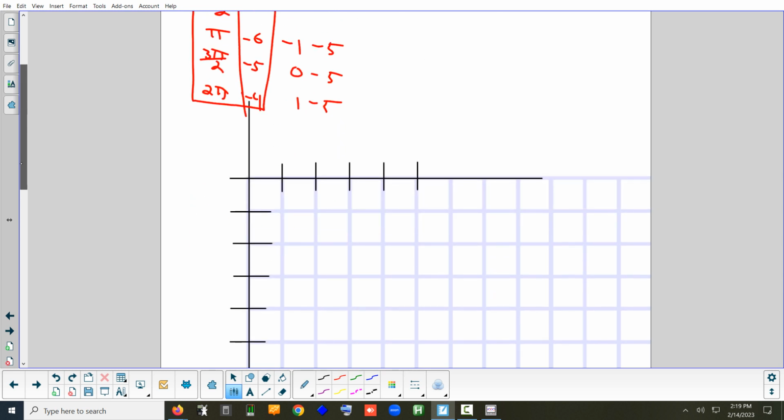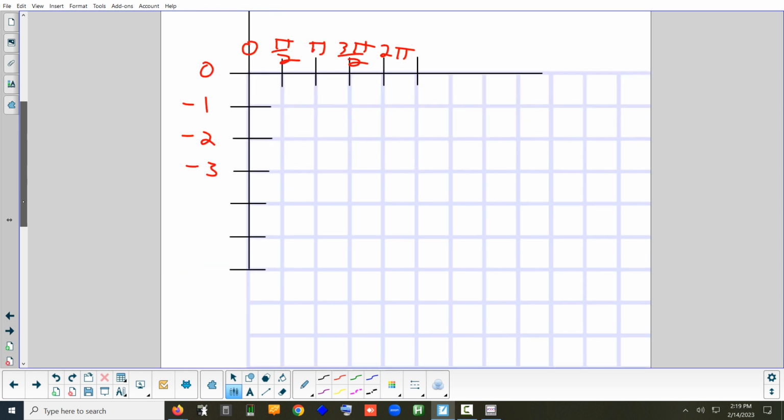All right, so we could do 0, pi over 2, pi, 3 pi over 2, 2 pi. Normally I don't like to put my labels that close to the axis, but I know I'm not drawing up here at all. My sketch is going to be down here.